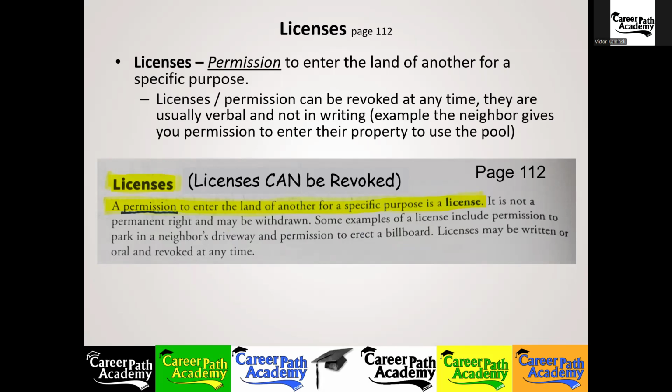It's permission. It's not a right. It is permission to enter the land of another for a specific purpose. And permission can be revoked at any time. You know, you can't take away somebody's rights, but permission, that's a different story. They can take away permission that's been granted.